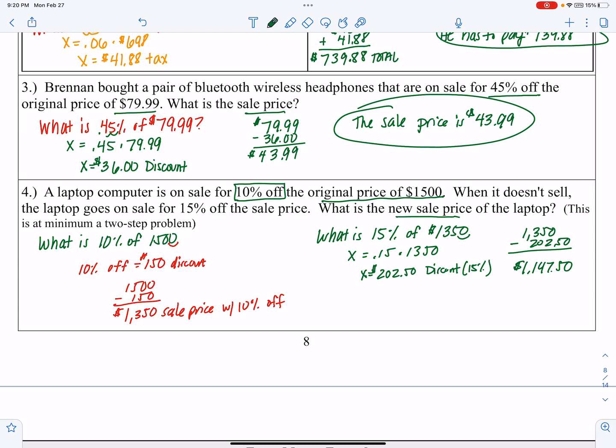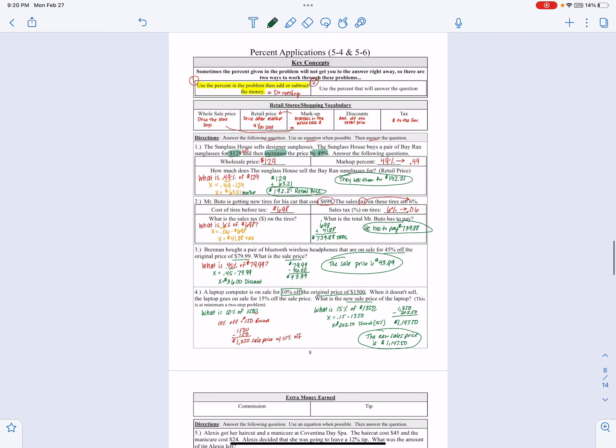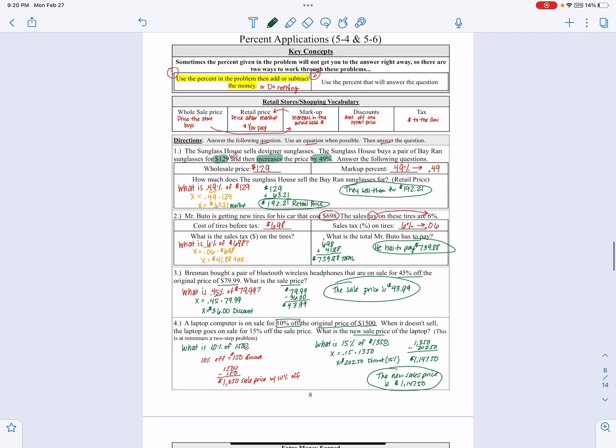Okay, so what is the new sales price of the laptop? The new sales price is $1,147.50. Would you pay that for a new laptop? Maybe if it's a good gaming one, I don't know. All right, that's it for this lesson. There are other ways that we can solve without needing to add or subtract at the end, but we'll discuss those later.